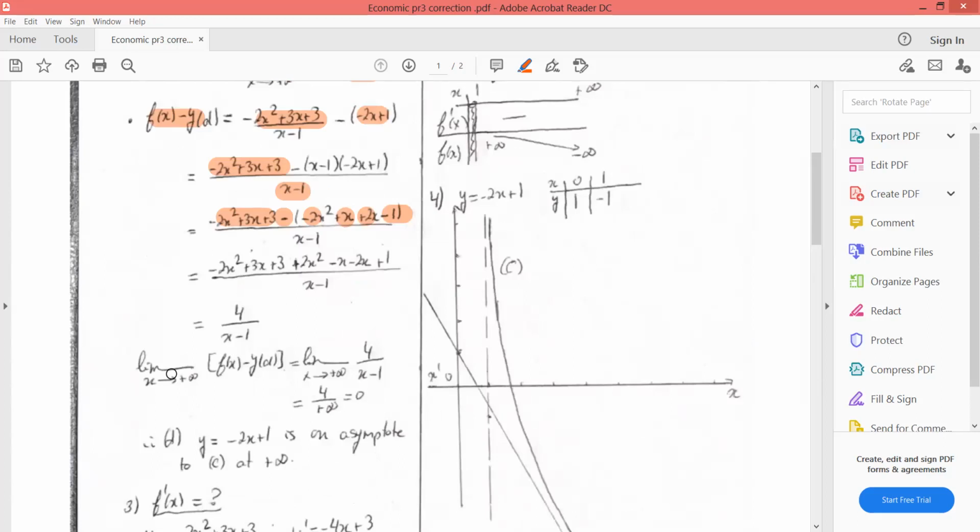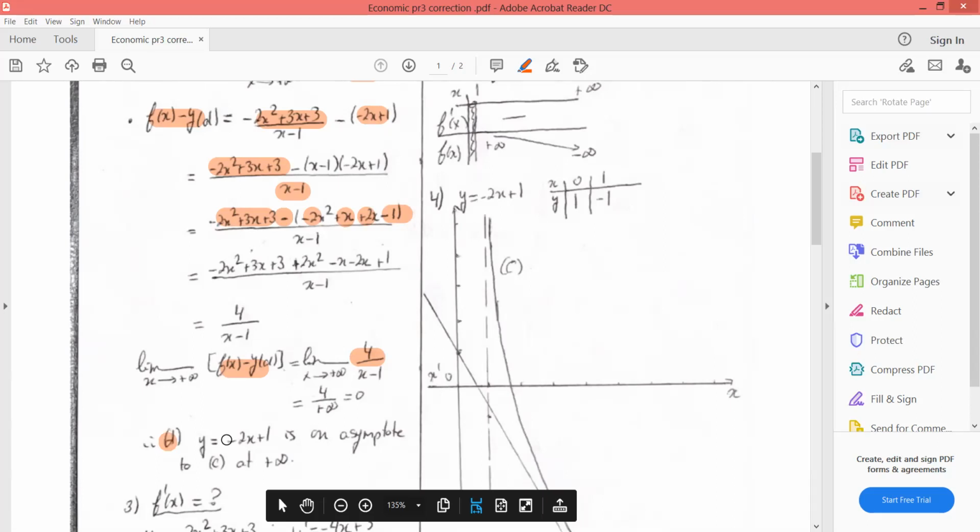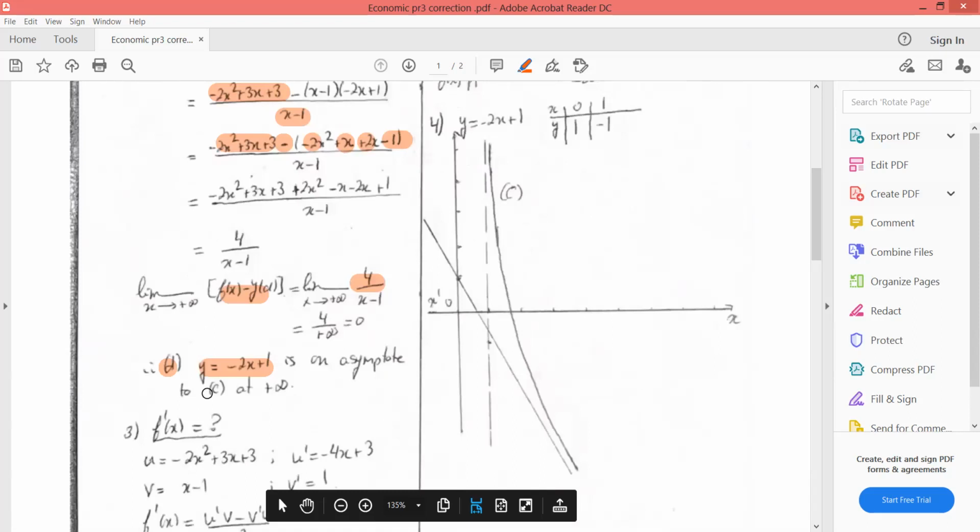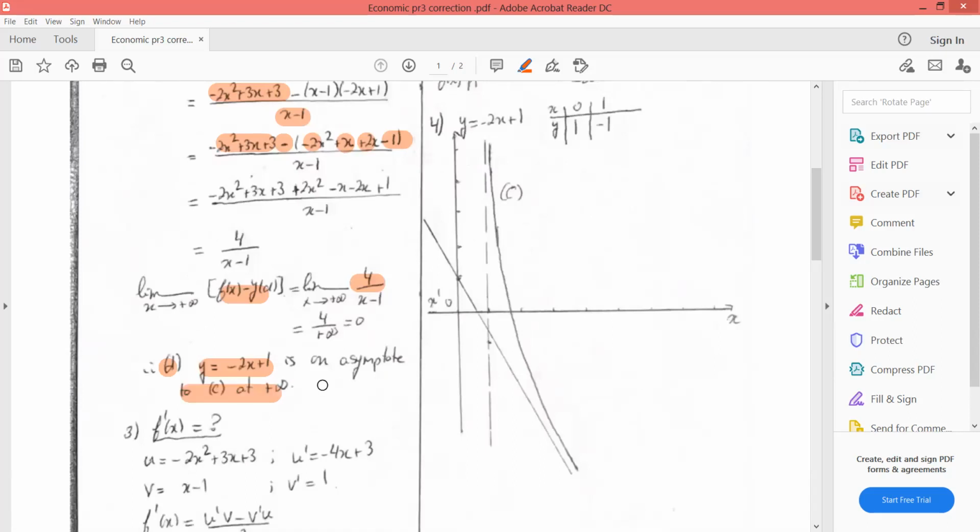So limit as x tends to plus infinity of f(x) minus y_D equals limit of 4 over x minus 1, equals 4 over infinity, which is 0. Then the line D of equation y = -2x + 1 is an oblique asymptote to C at plus infinity. Any questions about the oblique asymptote?